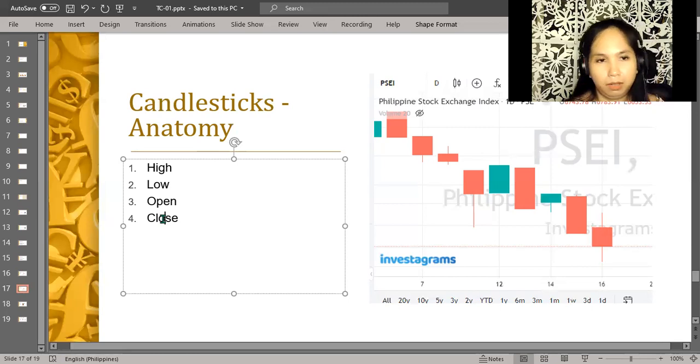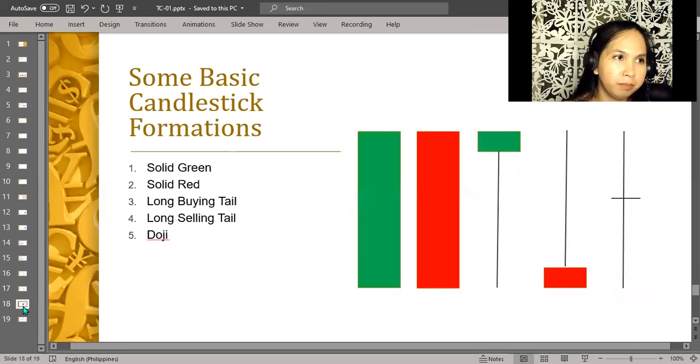Okay, so later on we have a question here: how to go about some basic candlestick formations. Now, we suggest to take note of the color, the size of the body, as you see here on screen, the height of the candle, and the locations of the open, high, low, and close.